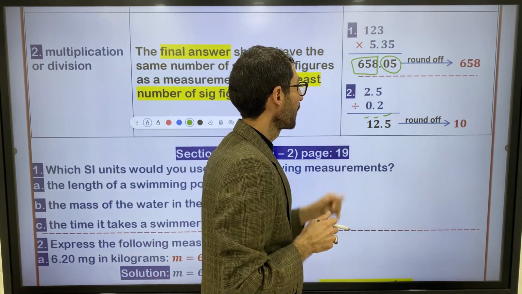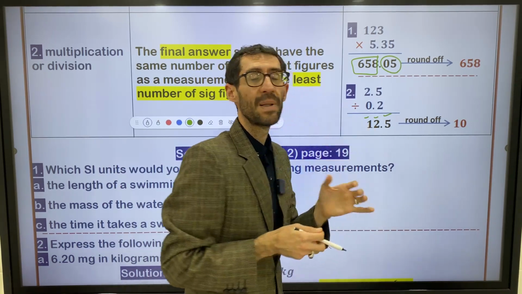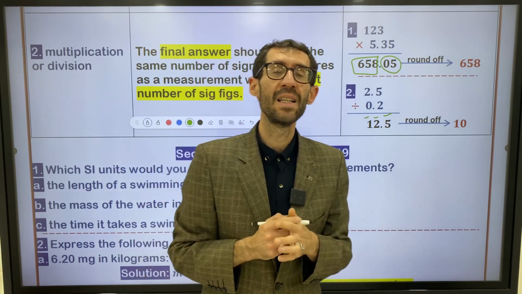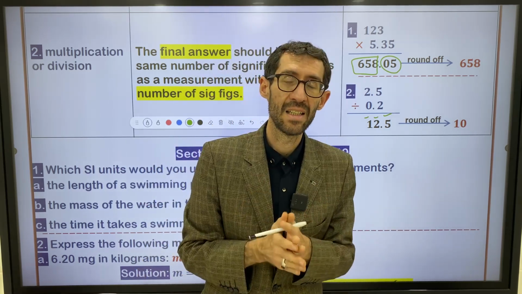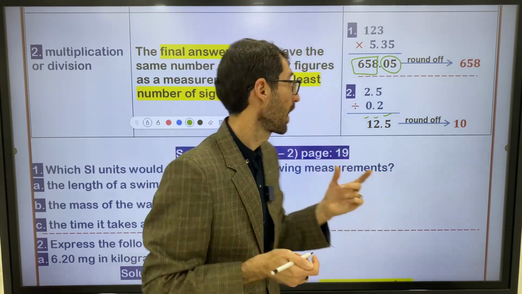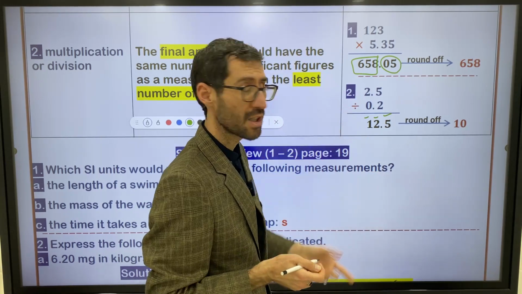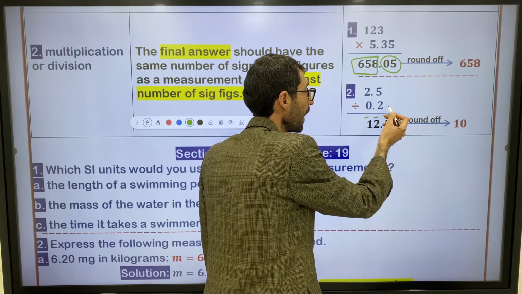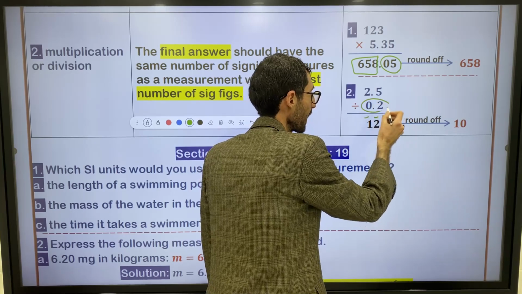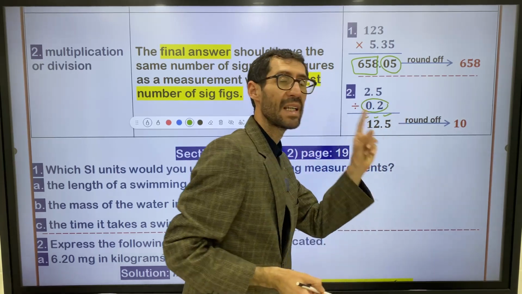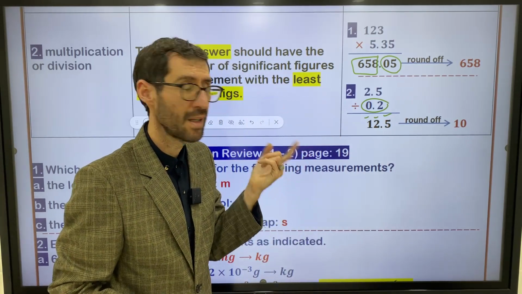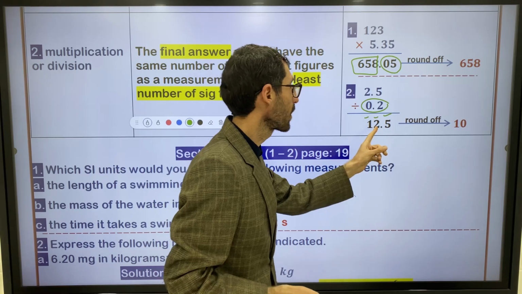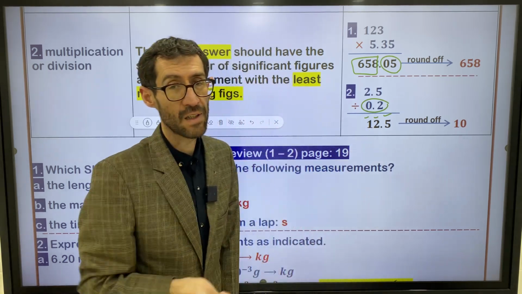So here, I told you in multiplication and division, we focus on the number with the least number of significant figures. Which one has the least sig-figs actually? This one. This one has the least sig-fig. Only it has 1 sig-fig. That's why the answer should contain 1 sig-fig.